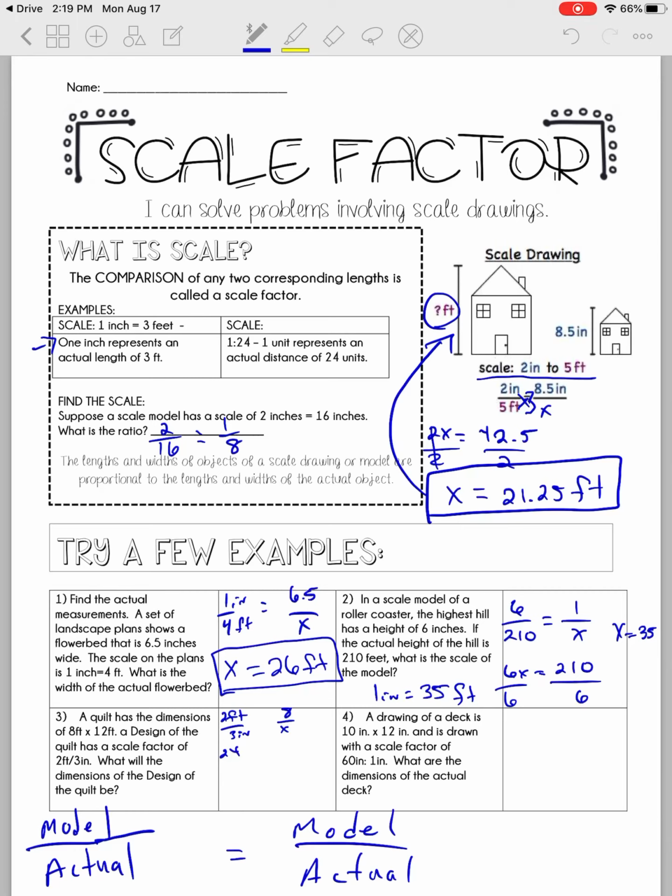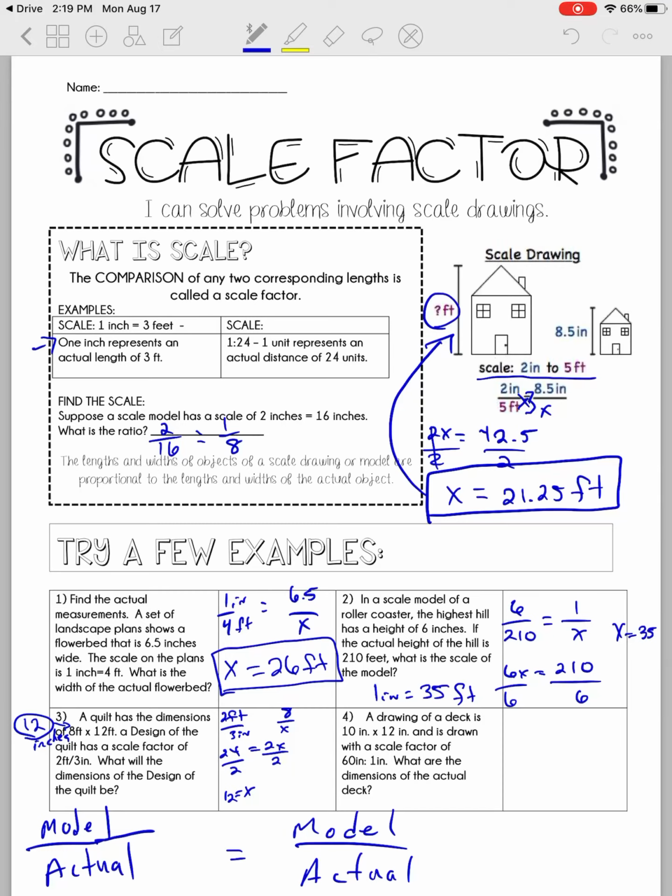Cross, multiply, and divide. You have 3 times 8 is 24 equals 2x. If you divide by 2, x equals 12. So I'm going to write the 12 over here on this side of the 8. That way we know that represents that. And what is it? It's going to be 12 inches. Exactly, inches.